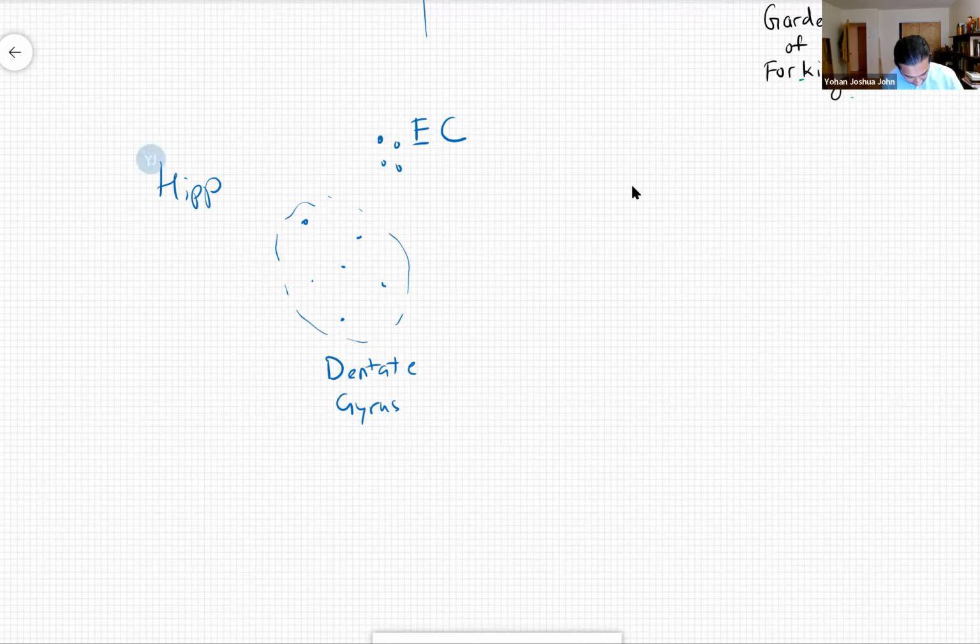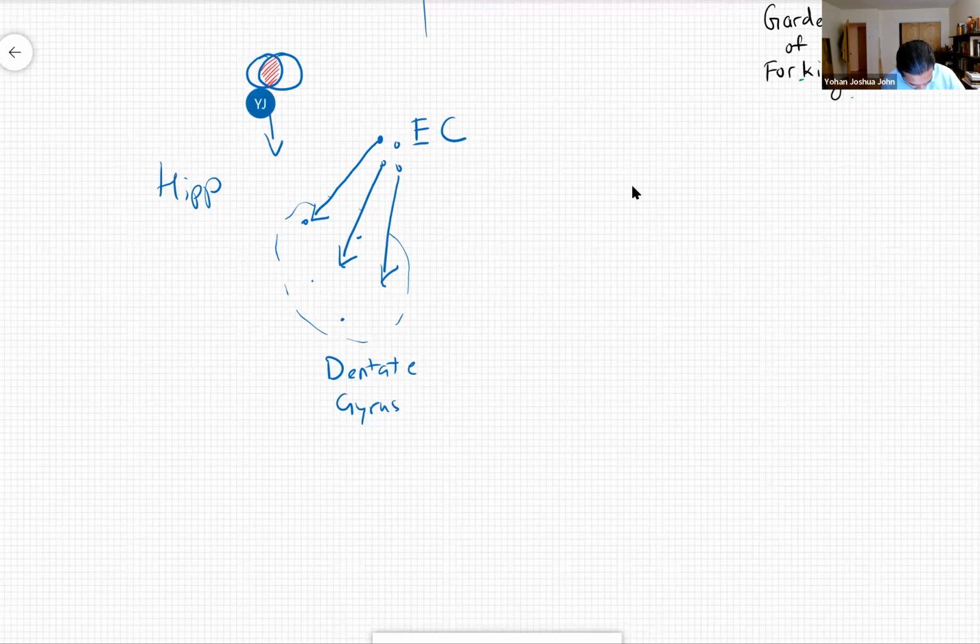The idea is that you get a kind of sparsification. So patterns that are similar within the entorhinal cortex, let's say I'm going to use Venn diagrams to talk about patterns being similar, when they project to this larger group of cells in the dentate, the idea is that the overlap is relatively much smaller.